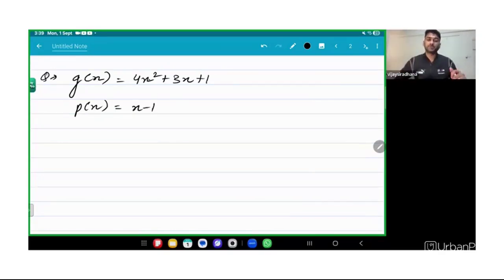For p of x equals x minus 1, we need to find the remainder.